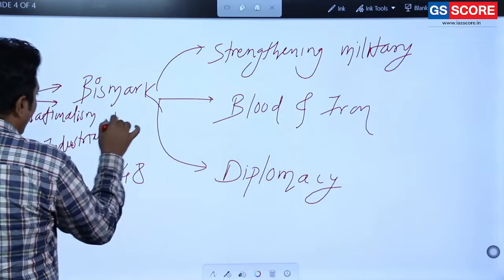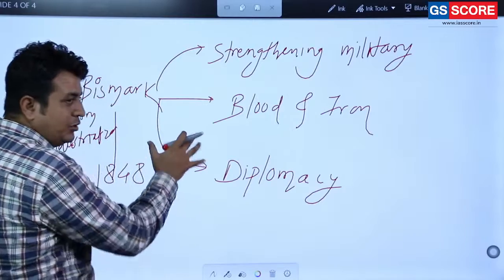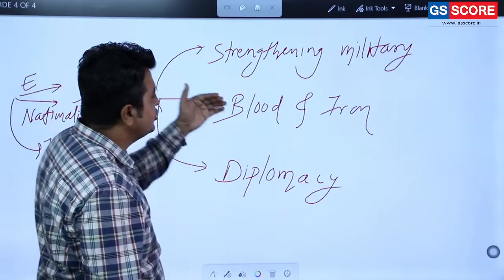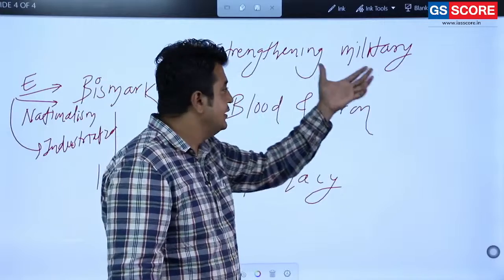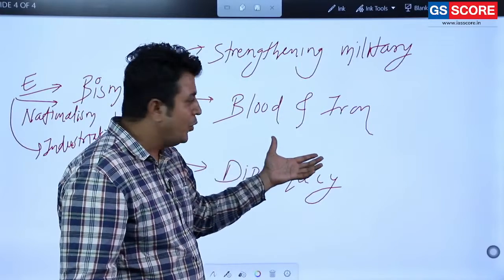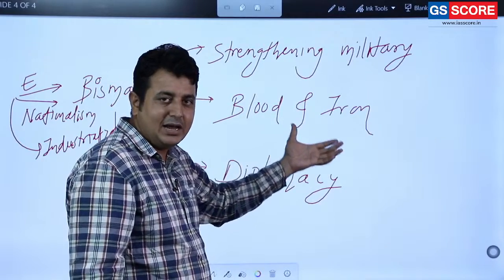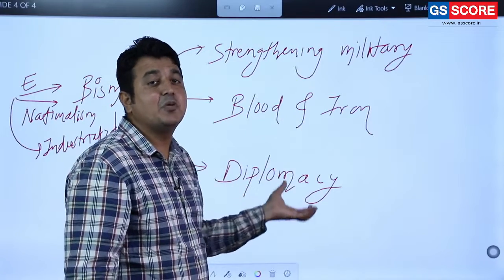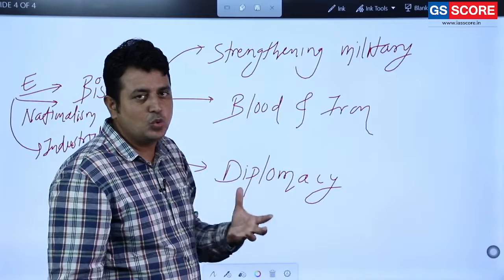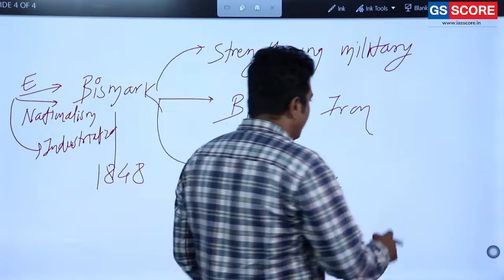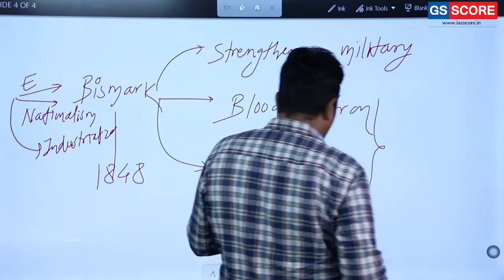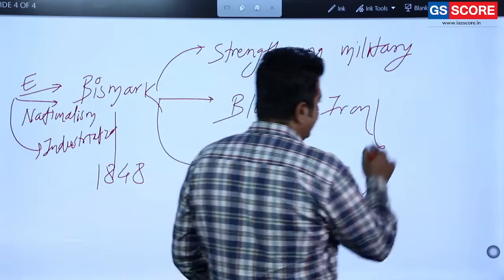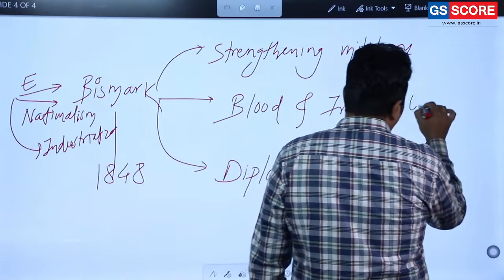So all this created a ground, strong support, and that's why he started strengthening the military. He followed the policy of blood and iron. At the same time, he played a diplomatic role as well. The very best example of this diplomacy and policy of blood and iron we can see in the war with Denmark.